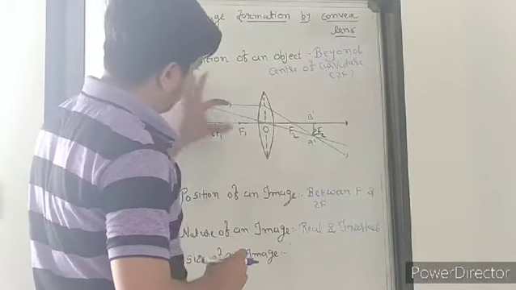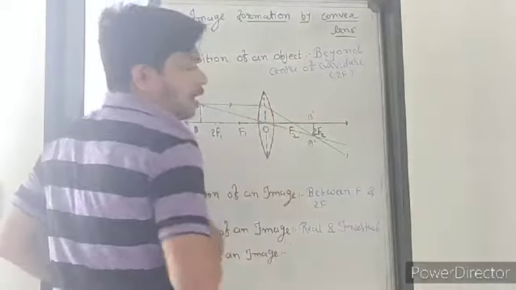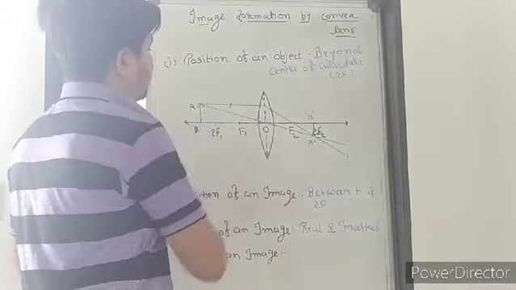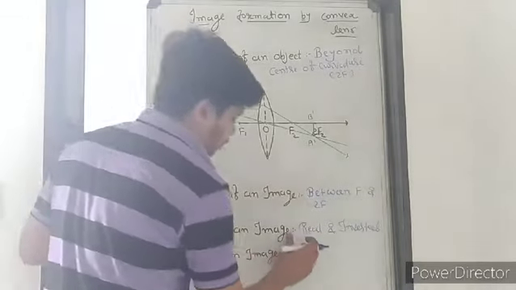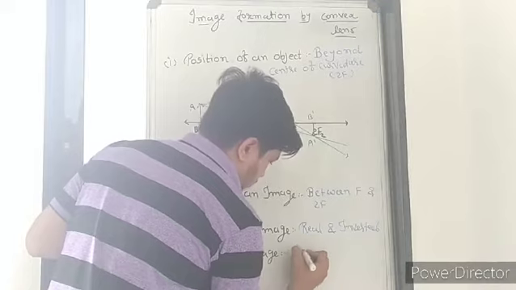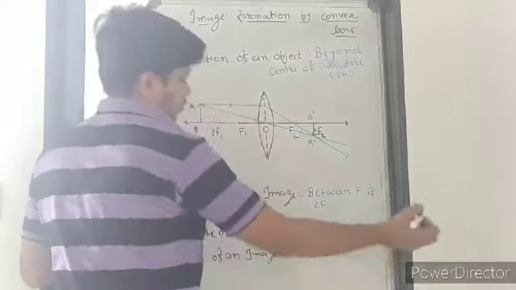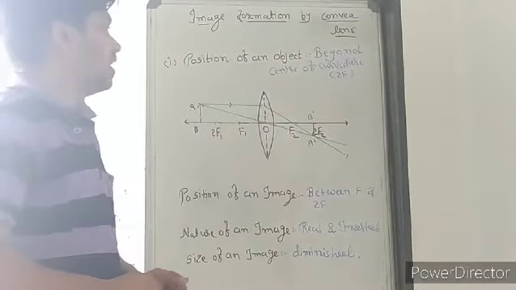Here it is the size of the object, and here it is the size of the image. So you can say that the image is smaller than the object. So the image is diminished.